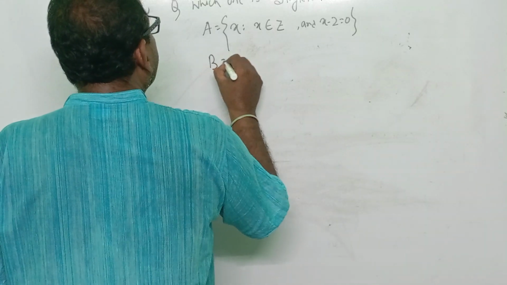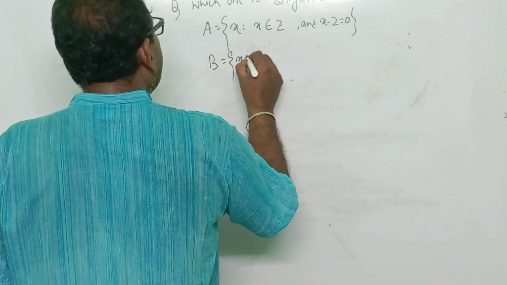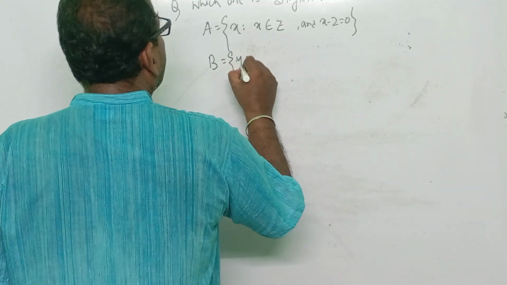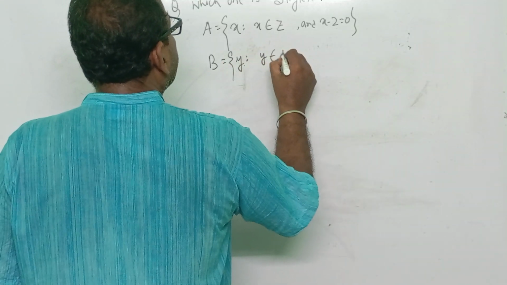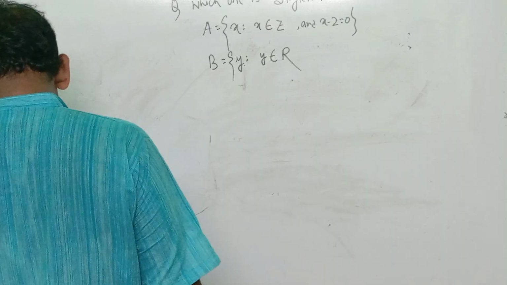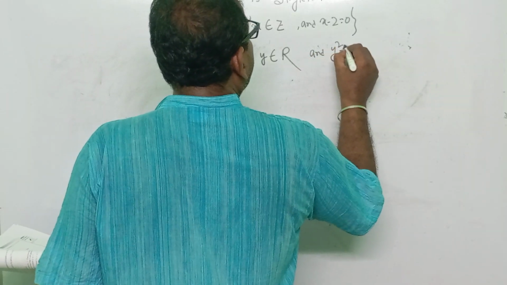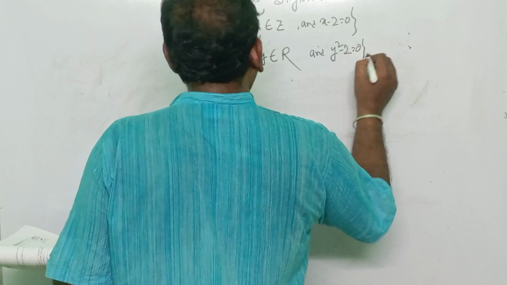And B is a set where y is the element and y belongs to real numbers and y square minus 2 is equal to 0.